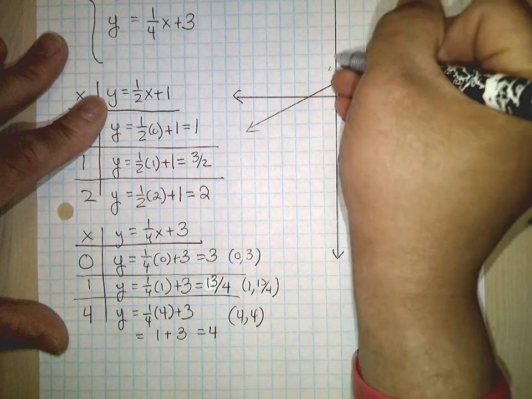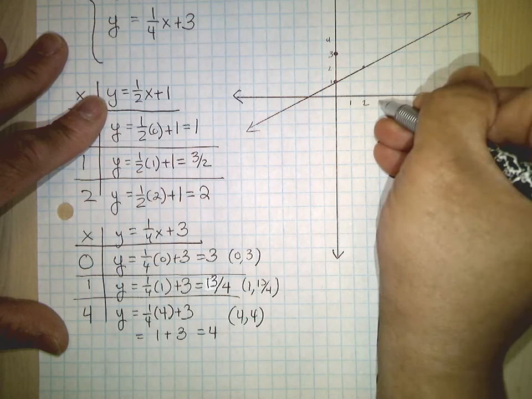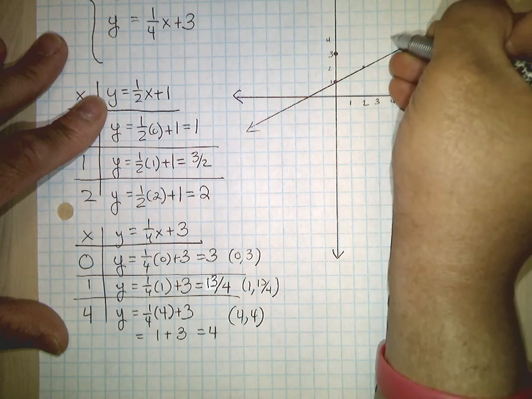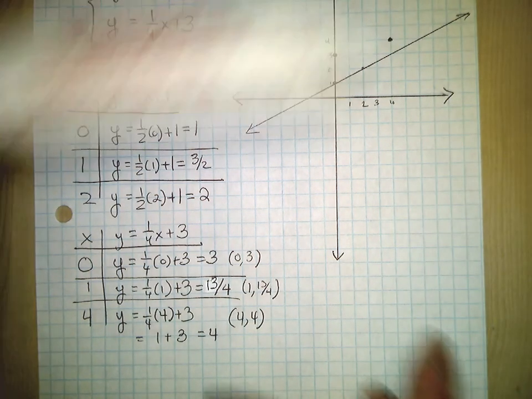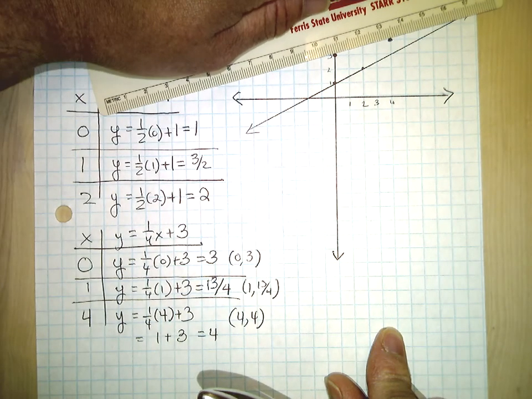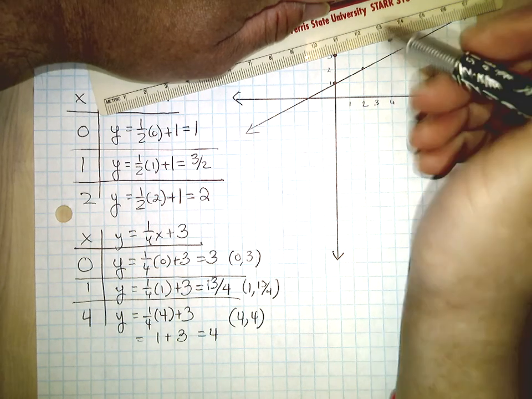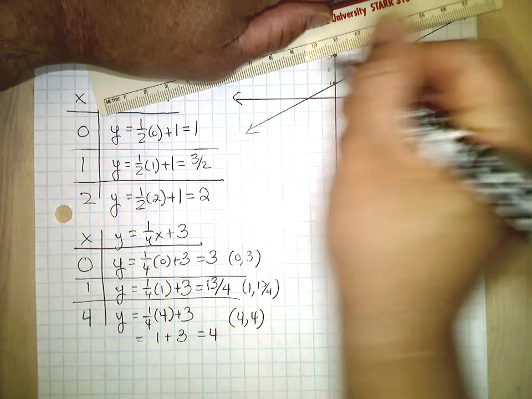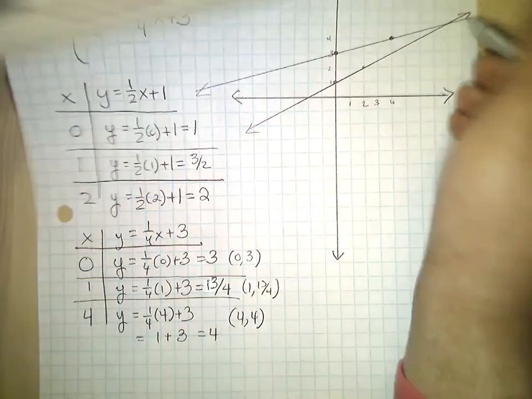All right, so 0, 3 is right here, and then we have 4, 4 right here, and then I can draw the line, and I think that you can see where they're intersecting, but I'll highlight it right here.